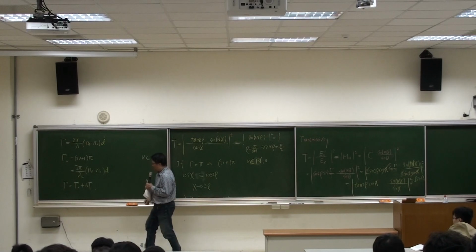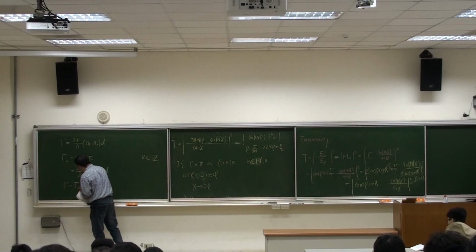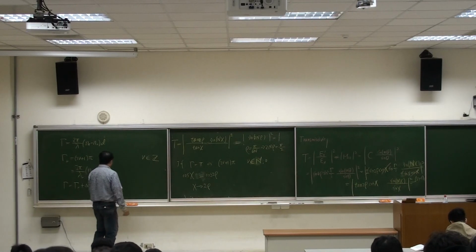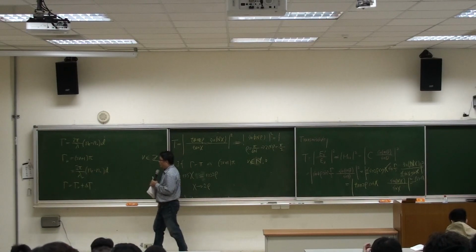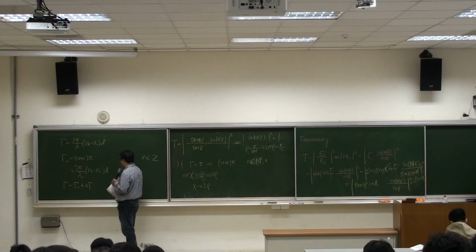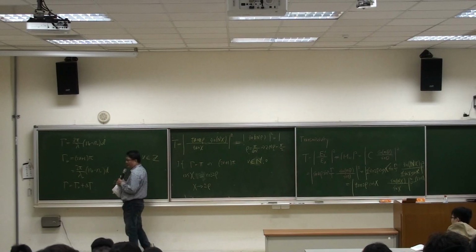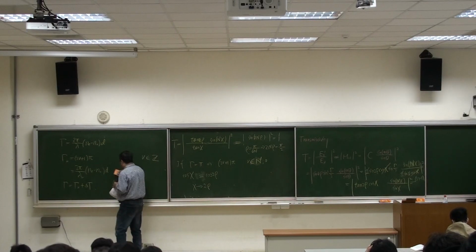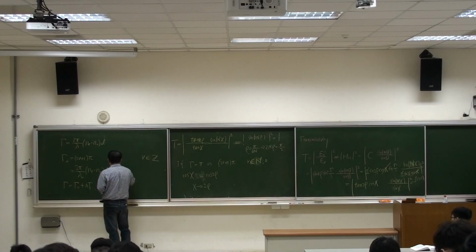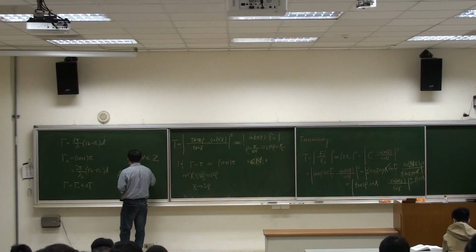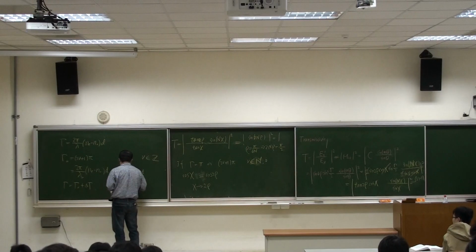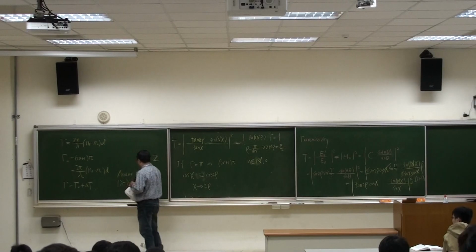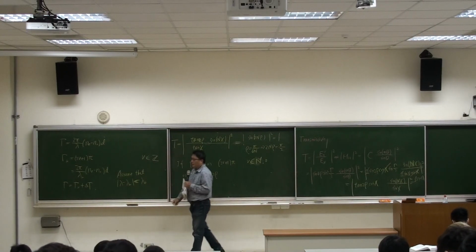Delta gamma is a small quantity. And if delta gamma is really small enough, then we have this relation. Assume that lambda minus lambda nu is much smaller than lambda nu.